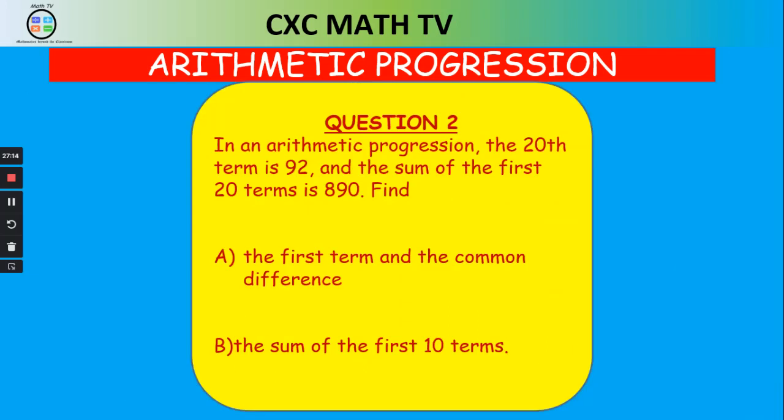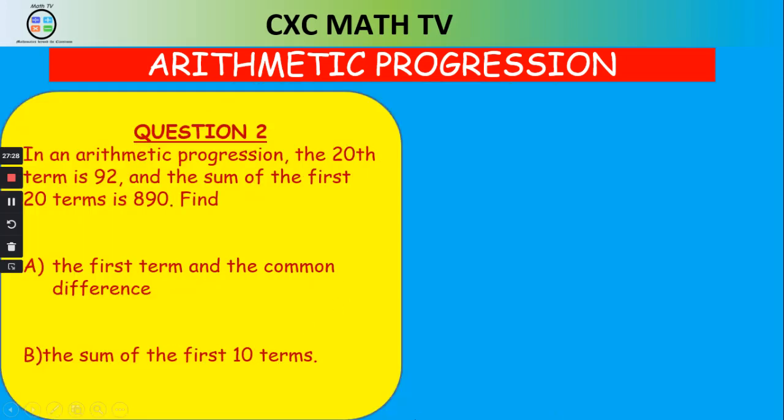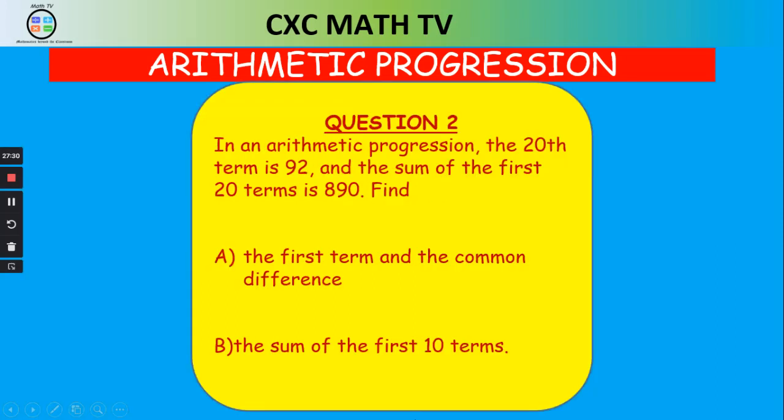Next question. It says in an arithmetic progression, the 20th term is 92 and the sum of the first 20 terms is 890. Find the first term and the common difference, then find the sum of the first 10 terms. So pause the video, go ahead, answer this question. Looking at this question, it's very different from what we've been accustomed to.